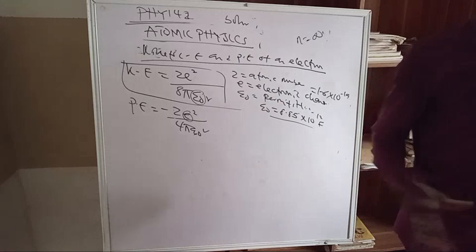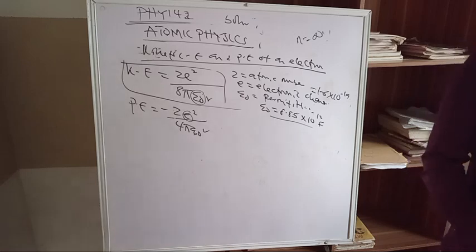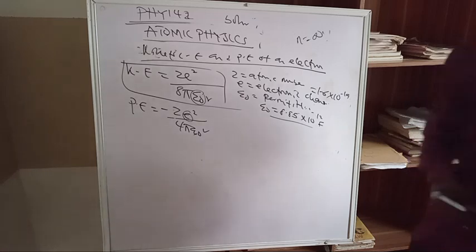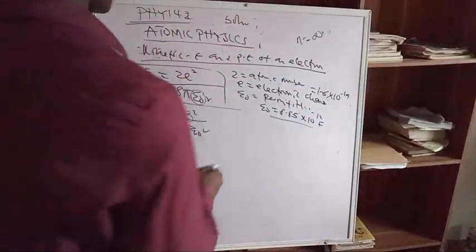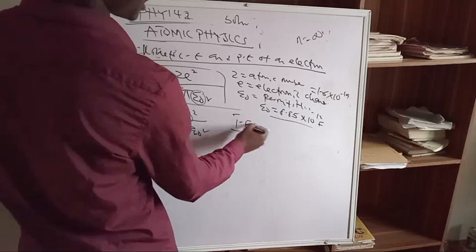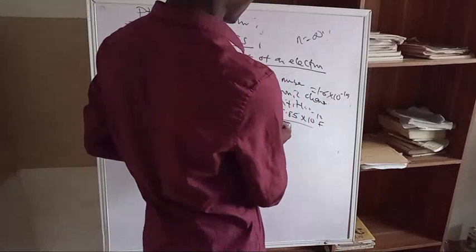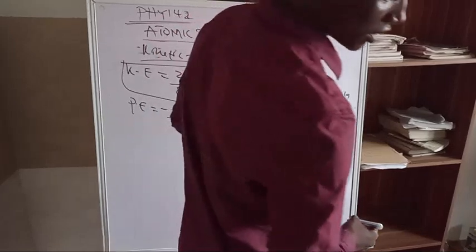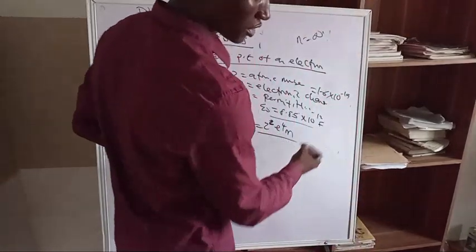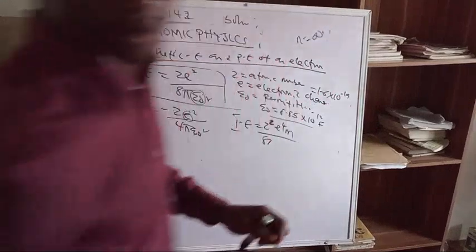I've given kinetic energy, I've given potential energy. If you are to determine the ionization energy of any atom, use this formula I'm about to write. Ionization energy, I.E., is equal to Z squared e raised to power 4 m over 8 epsilon naught. I'll show you what all of those things stand for.